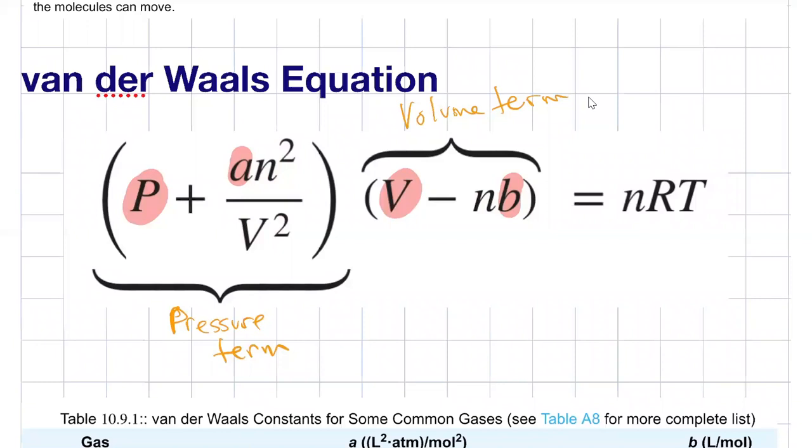And those are not constants across all gases. They're different for every gas because every gas, the particles themselves, have different volumes. So you need a different correction factor for volume for every different gas. Also, the different gases have different intermolecular forces. So you're going to need a different correction factor for their pressures.